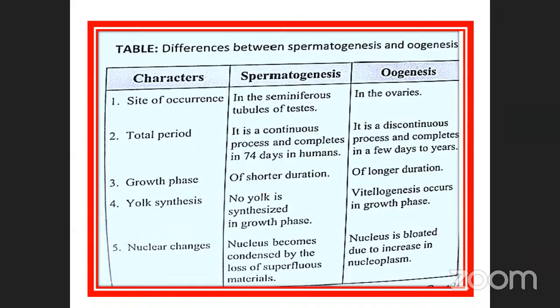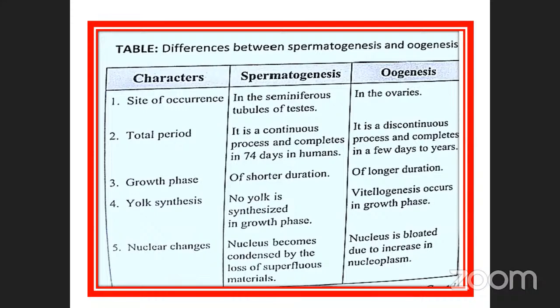Nuclear changes: in spermatogenesis the nucleus becomes condensed, but in oogenesis the nucleus is bloated due to the increase in nucleoplasm. So these are the points you have to remember. 74 days in one, and years sometimes in the other.